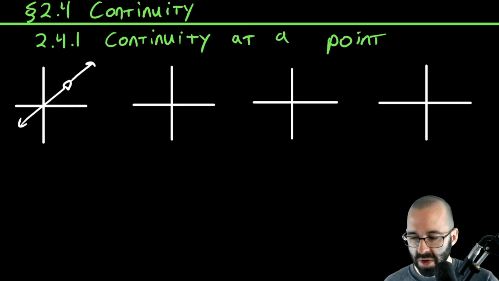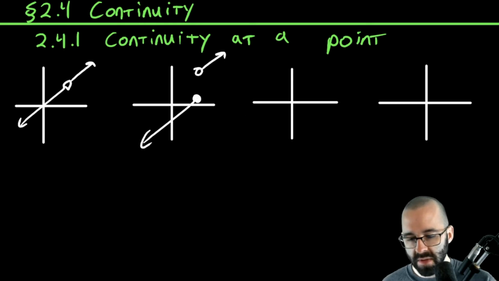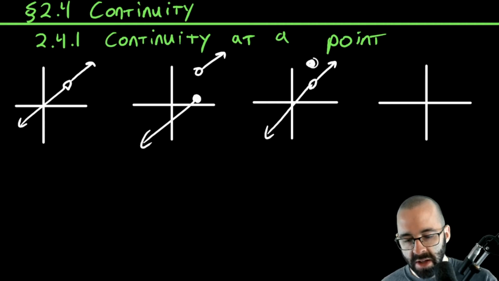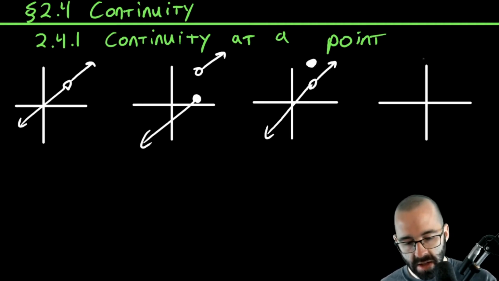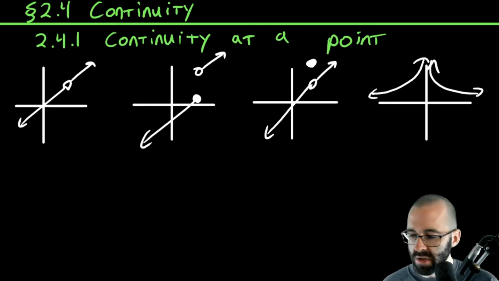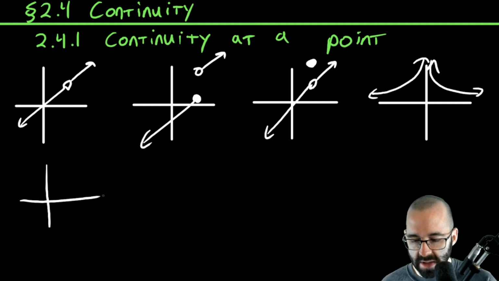Here we have a line with a hole in it. Here we have a line with a jump in it. Here we have a line with a hole in it that's similar to before, but now there's also a point out here. Here we have the reciprocal squared function. All of these are functions that have discontinuities.